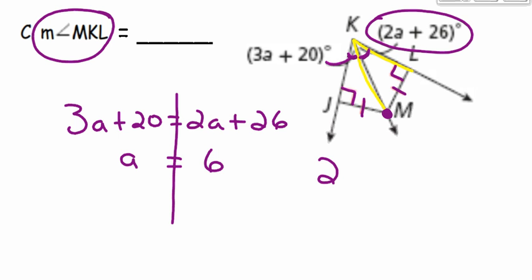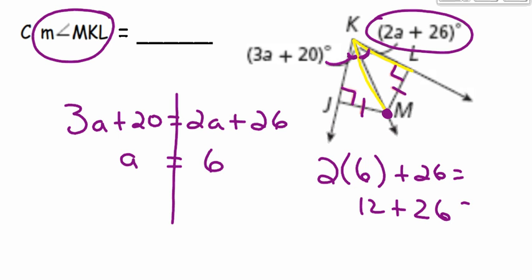So 2 times 6, plugging in 6 for a, plus 26 is going to give me 12 plus 26, which is equal to 38. So the measure of angle MKL is 38 degrees.